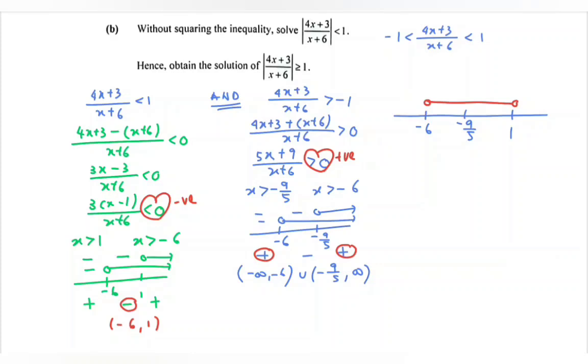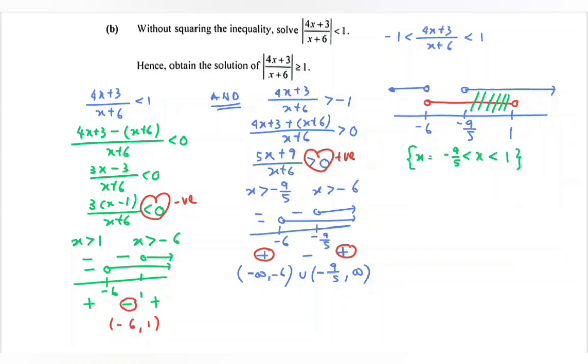Second part, blue in color, we have negative 6 and then negative 9 over 5. So for the 'and' case, we have to find the intersection between the two intervals, and here will be the answer. So the answer for the situation would be x such that x is greater than negative 9 over 5 and less than 1. So that would be the solution set.